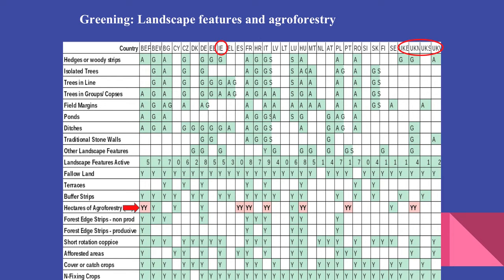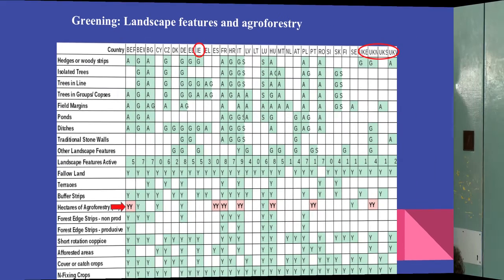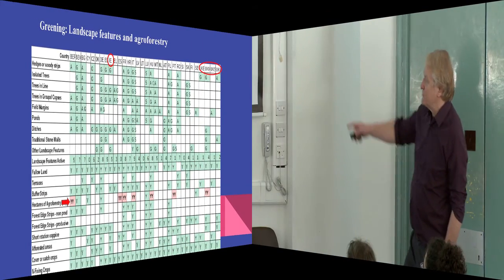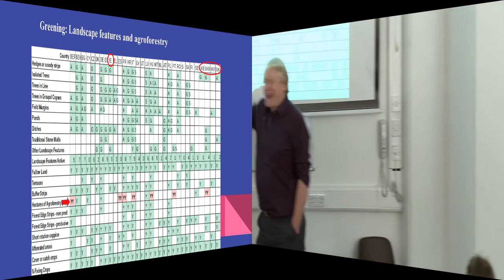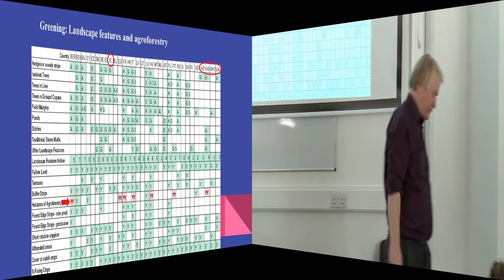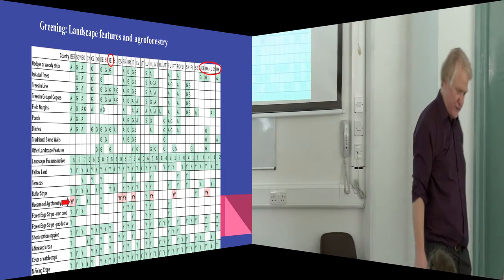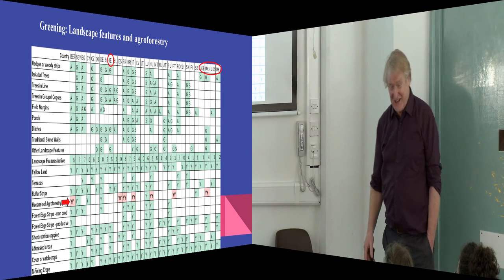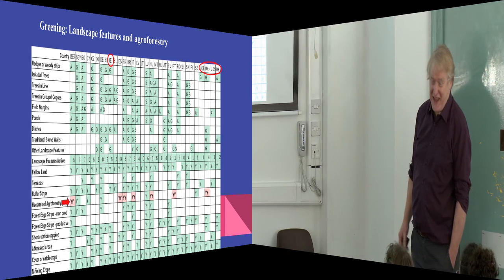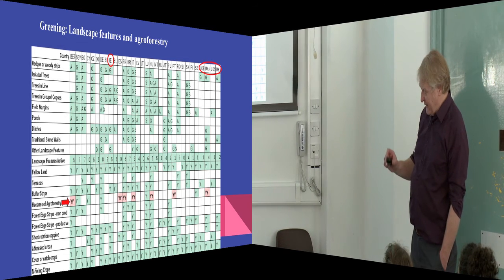Agroforestry is in 13-odd plans for member states, but it's only those ones that have a double yes. It's a double whammy against agroforestry. It's not just any agroforestry that you get allowed to count for greening. It's only those areas of agroforestry that were previously included within a Pillar 2 agroforestry scheme. So the area involved is very, very small.